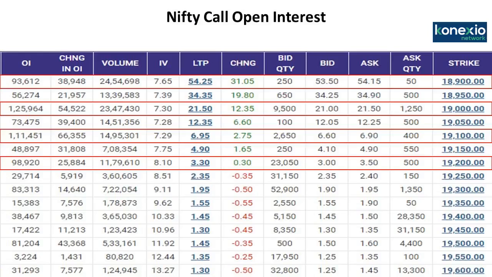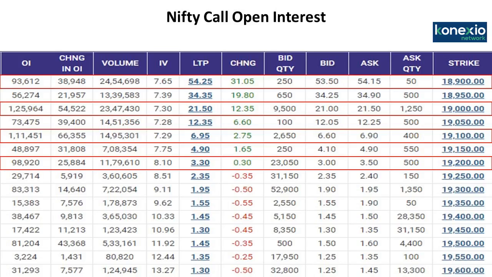Now, friends, let us discuss what we have observed in derivative data. We'll see on the screen Nifty calls data. In Nifty calls, the action was seen in 18,900 calls, 19,000 calls, 19,100 calls, and 19,200 calls.